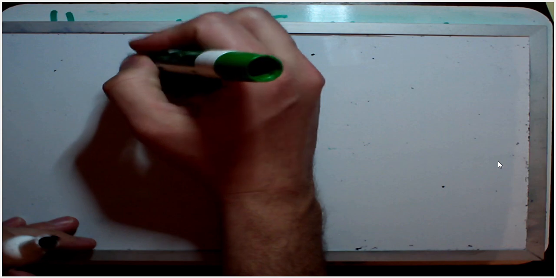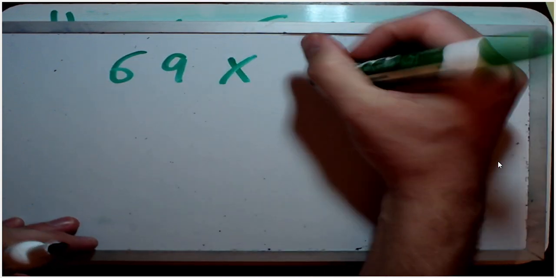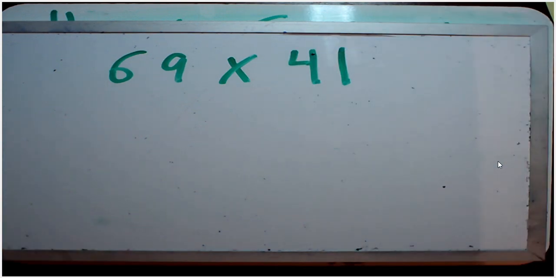I'm going to have the factors 69 times 41. So you have to think about what would be the best way to round these. What digit should I round in which place value?